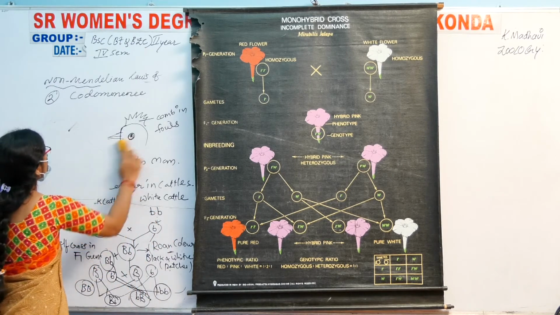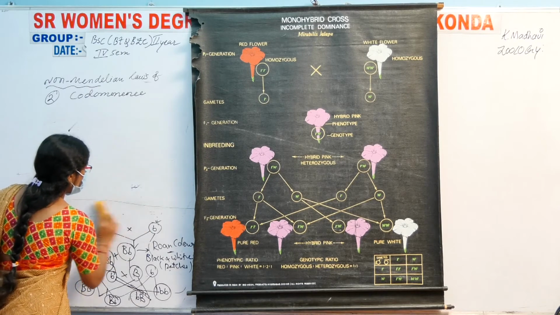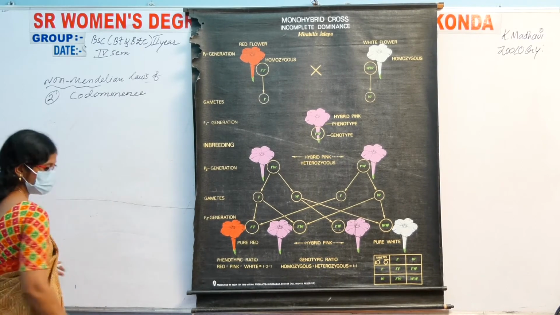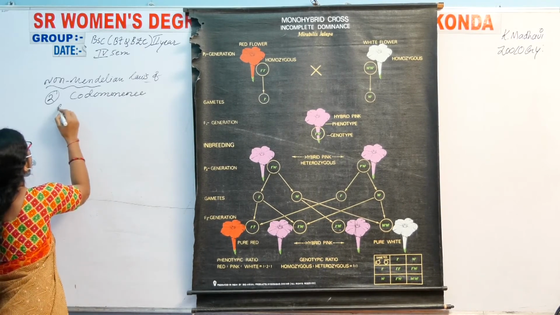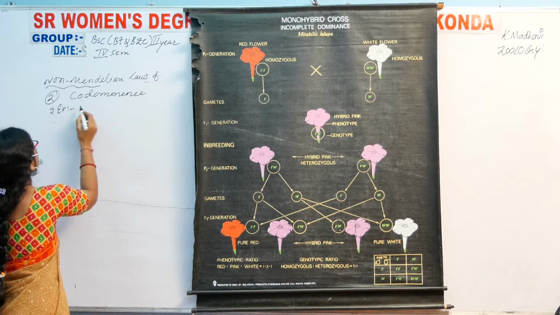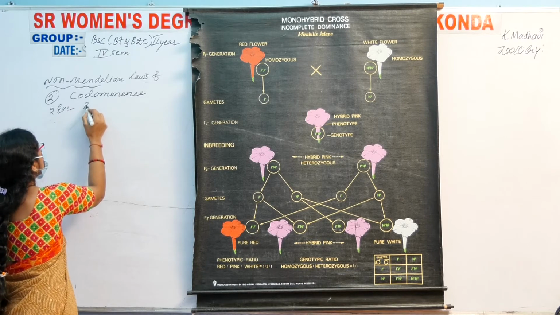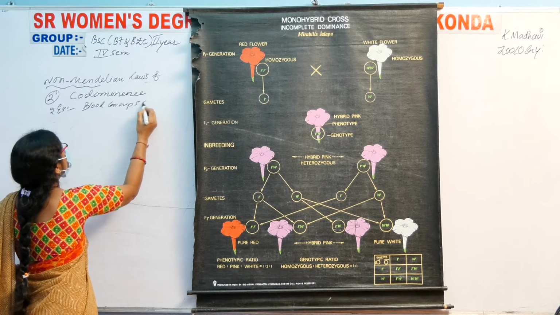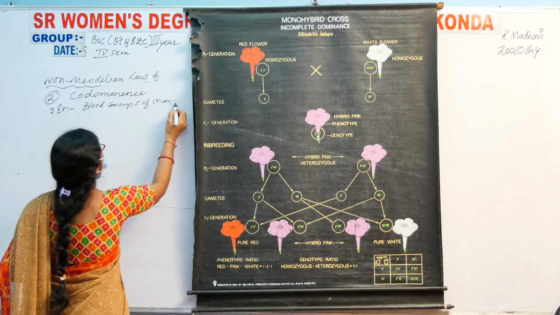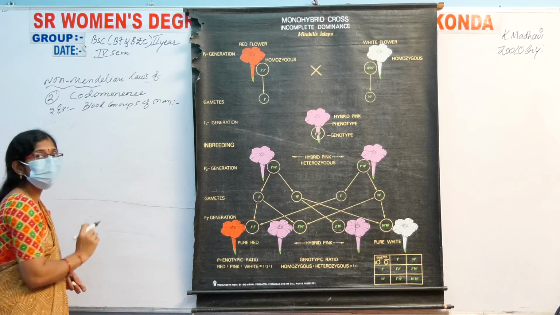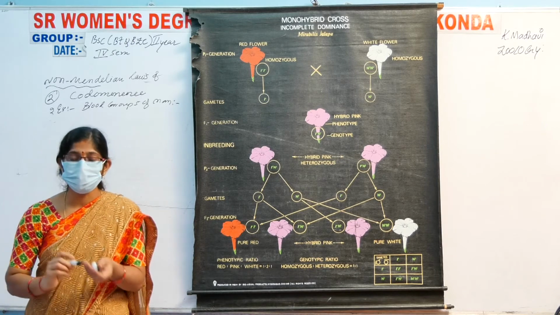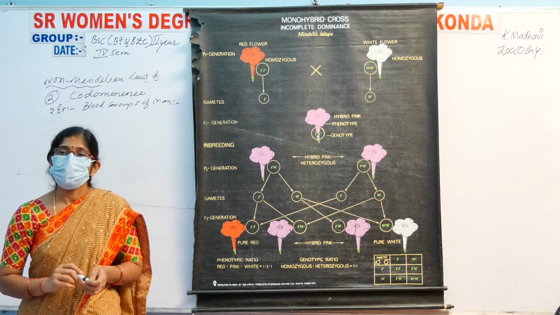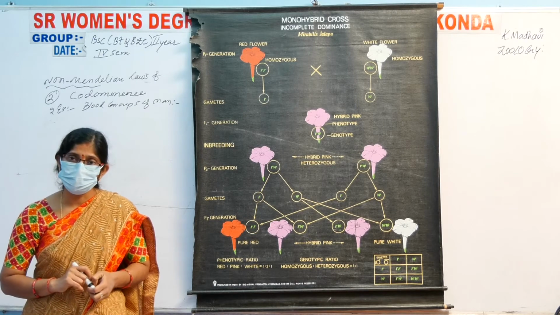For example, we should take another example: blood groups of man. How can we determine the blood group, either A positive or B positive? It depends on the antigens present on the RBC.